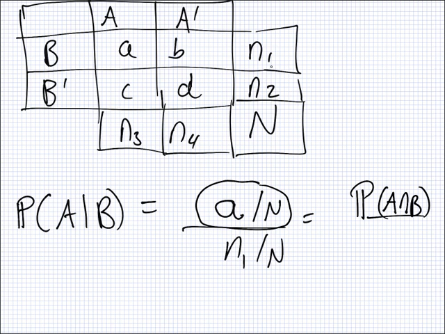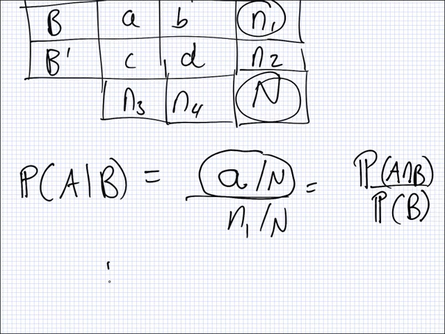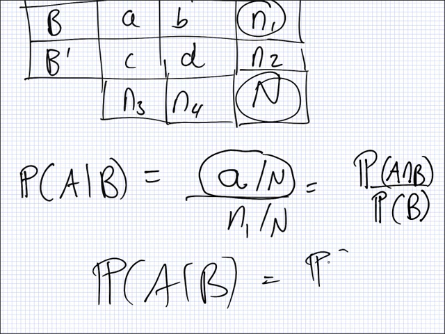B. Very good. This is the formula for conditional probability. It says the probability of A given B can be calculated by looking at the probability of A and B over B. So I'll just put it in a box here. A given B is the probability of A and B over B.